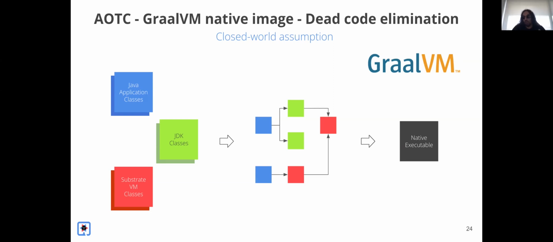Or it could be possible, but because you don't know what you're going to have to load, you're going to have to include the entire JVM, the entire dependency tree that you have. And in the end, you're going to end up with an executable of, I don't know, a few hundred megs. And that's not what we intended, right? What we intend is to have a very small, lightweight binary that you can execute.